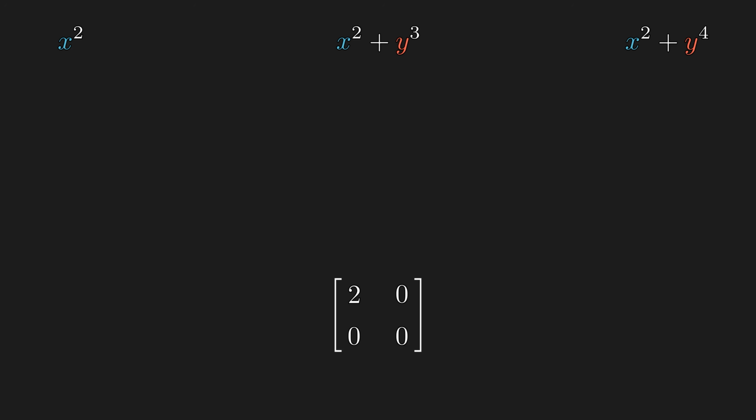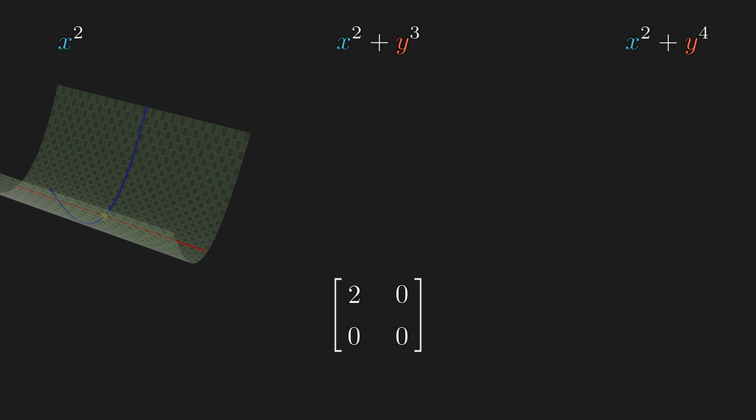Now, if one of the directional concavities is zero, the second derivative test becomes useless. All 3 of these functions have no y-squared term, so the behavior in the y direction is dominated by higher order polynomials. For the first one, it looks like a parabola in the x direction and a line in the y direction, so it looks like a half pipe.